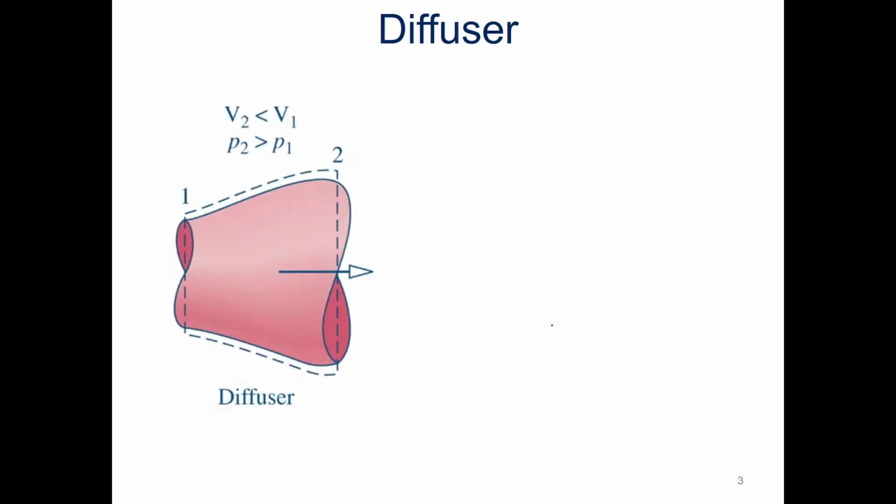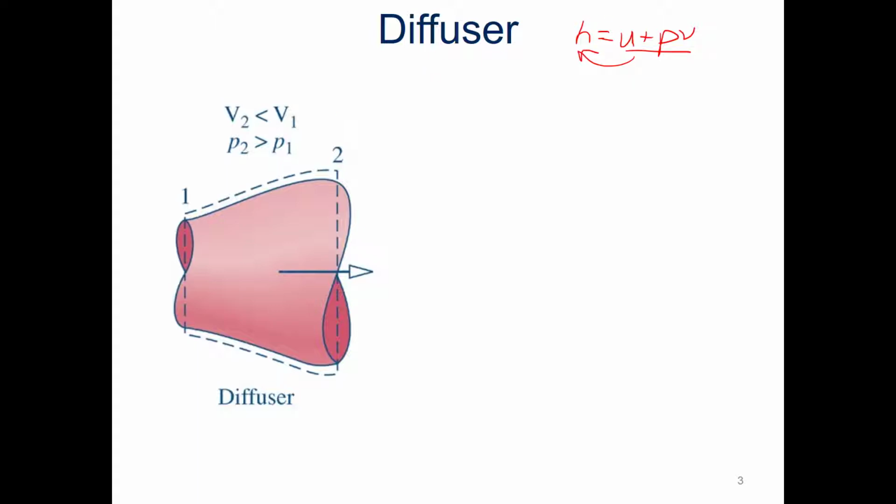All right, so let's start with the diffuser. We're going to do an energy balance for our high-speed flow through this diffuser. Just a reminder, when we have flow going through something, we have some internal energy and some flow energy that goes with that, and together they equal our enthalpy.